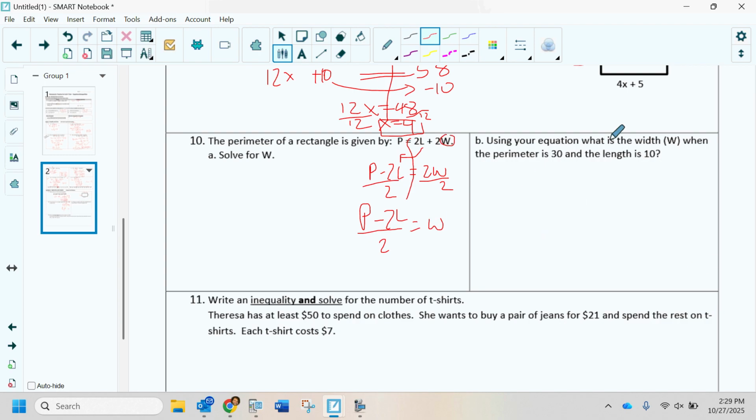Now using our equation for W, the perimeter is 30 and the length is 10. And so we can replace the P and the L with our numbers.